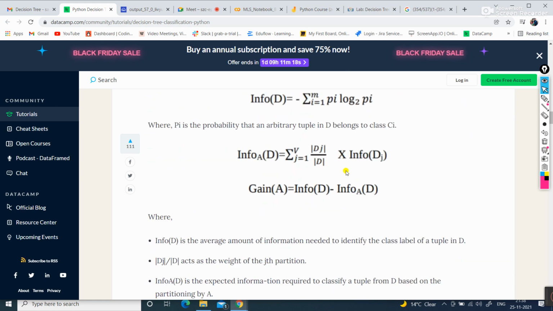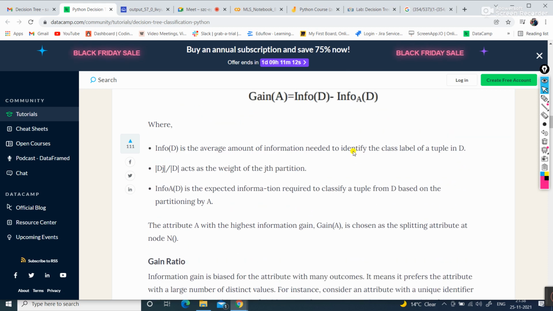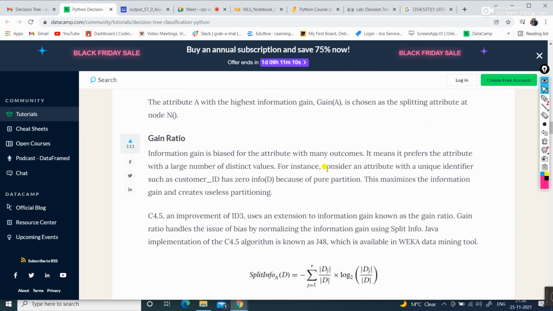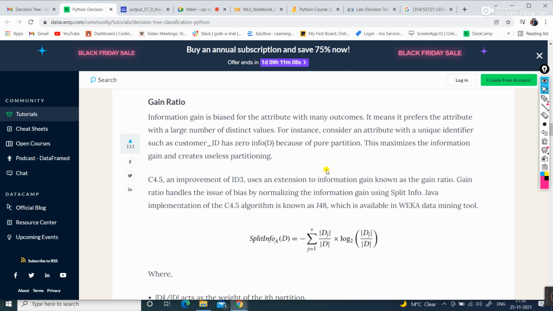On the basis of information gain, they take information of D minus the information of the particular event, then find the ratio. Information gain is biased toward attributes with many outcomes, meaning it prefers attributes with a larger number of distinct values.